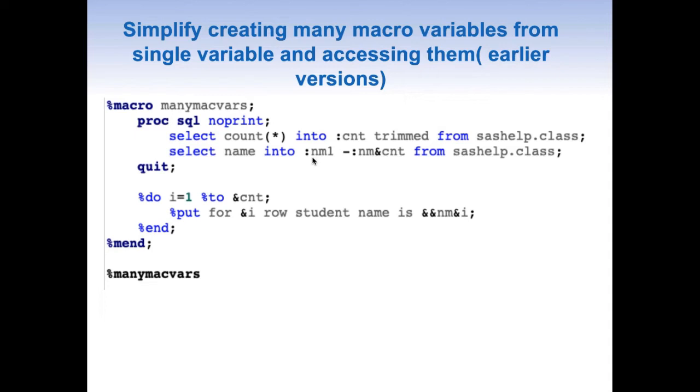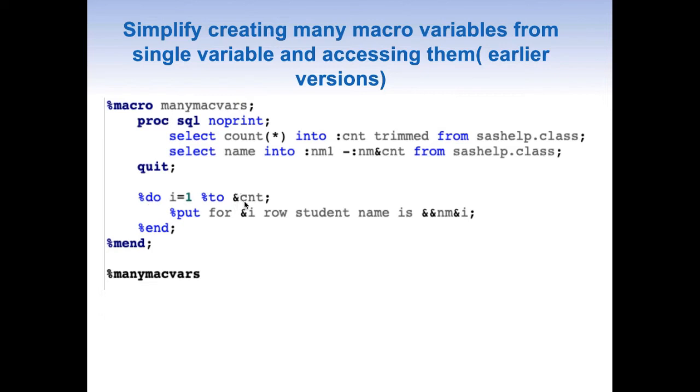In here this is going to become :nm1 - :nm19. So we have to give the upper bound, but again we are not doing this manually, we are simply using the count value which is captured into a macro variable.